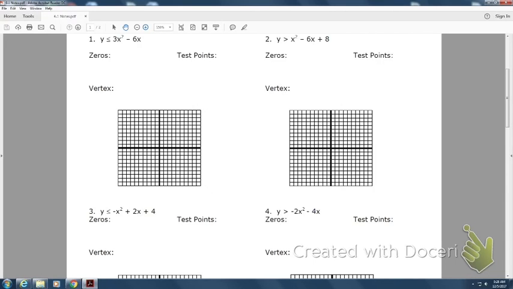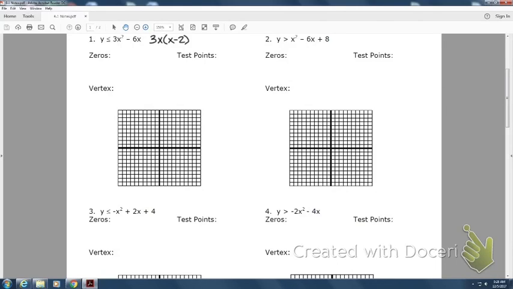What is that greatest common factor, Ben? 3x. And then I'm left with x minus 2. Am I done factoring that? Yes or no? Yes. How do I know that I'm done factoring? There are no more exponents. Okay, that's what factoring is, breaking it down as much as possible.